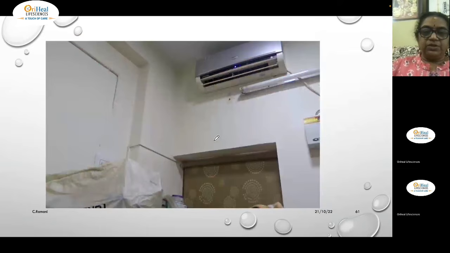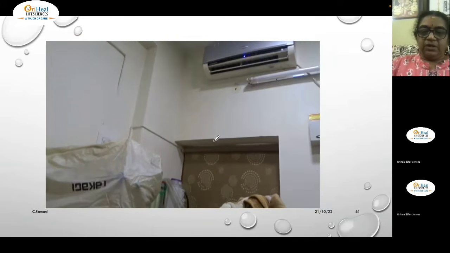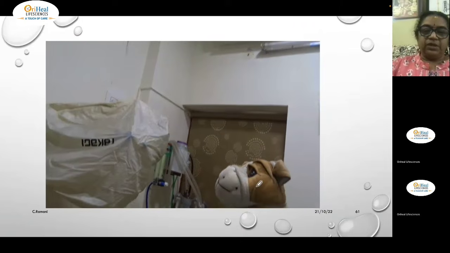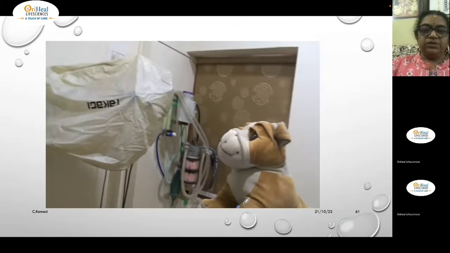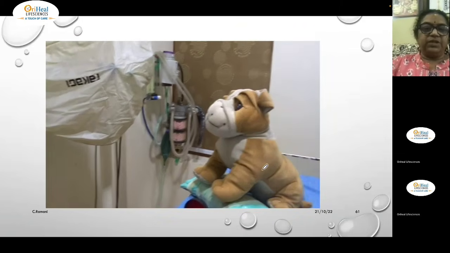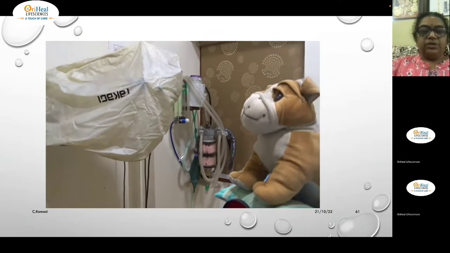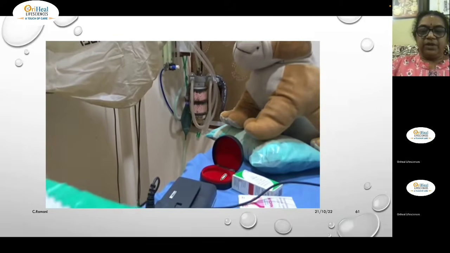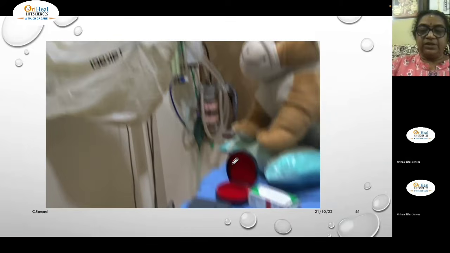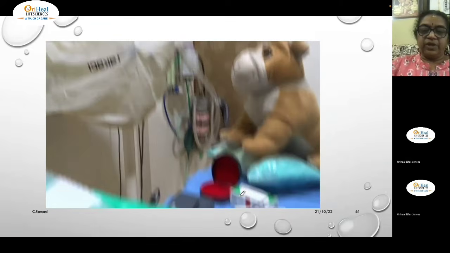Now we can also examine on the patient. So always try to use a toy so that it will be easier for examination and documentation. You can take a condensing lens in your hand.